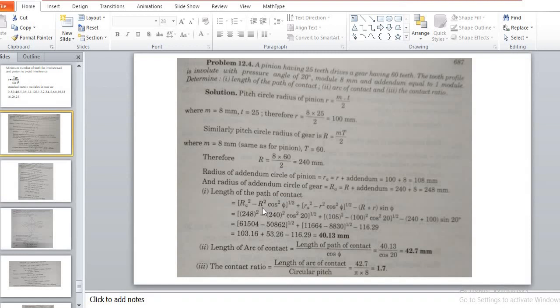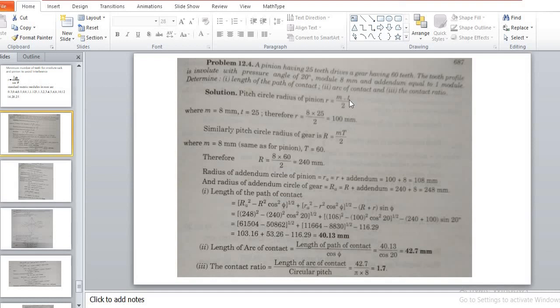The small r and capital R values, the pitch circle radii of pinion and gear, we can find using the expression m into t by 2. Here small t represents the number of teeth on the pinion. Now for the gear, capital R is the pitch circle radius, capital R is equal to m into capital T by 2. Here capital T is the number of teeth on the gear.